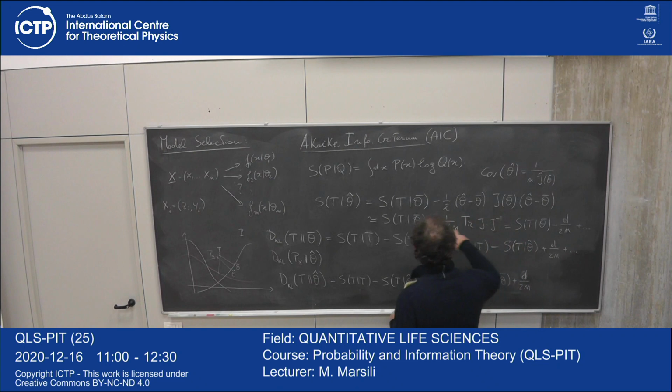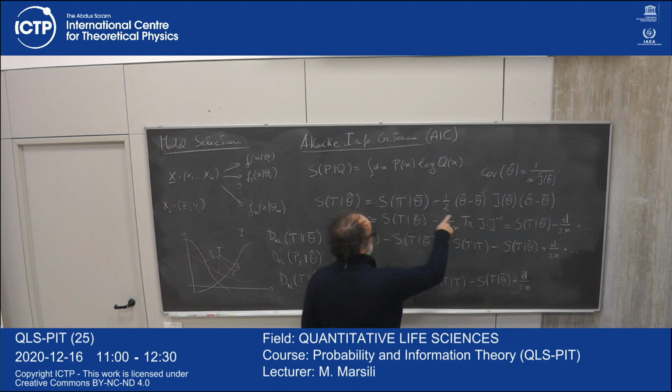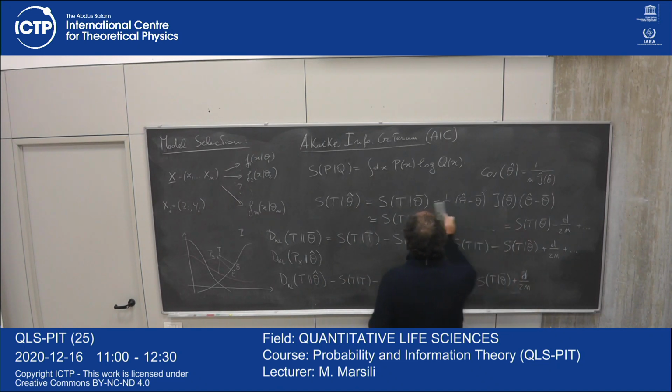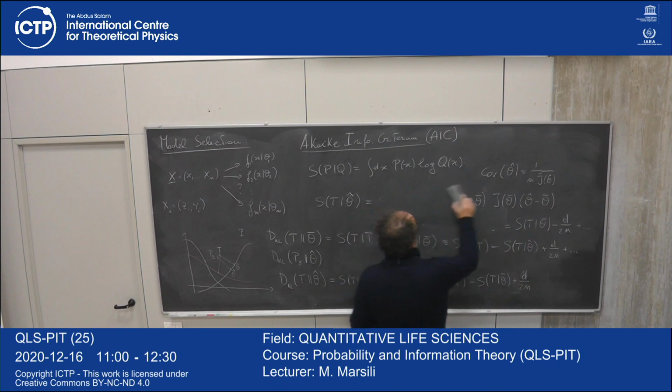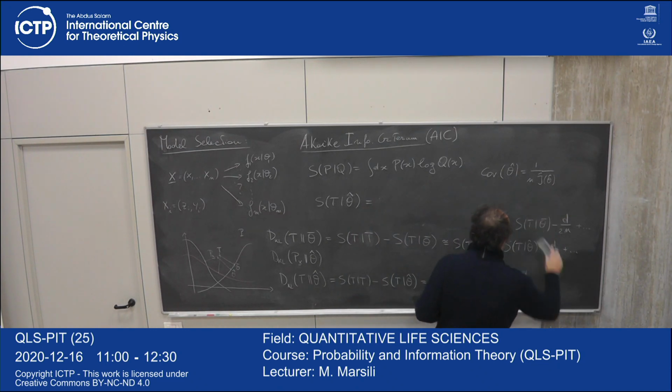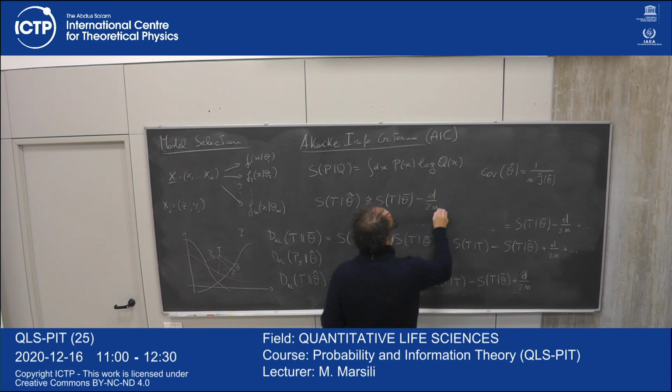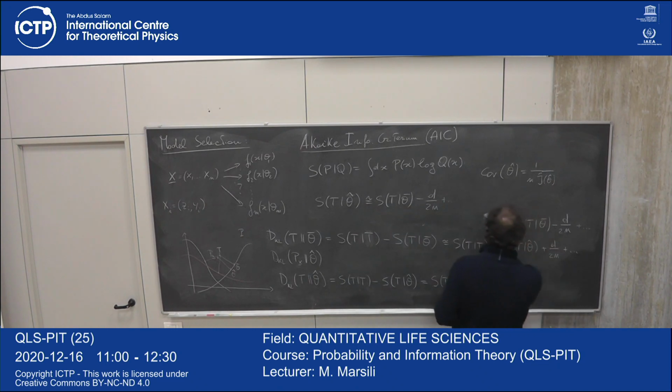I'm again using this approximation here. Let me rewrite it. So this is S of t and theta hat minus d over 2n. Okay, so first I'm doing this.